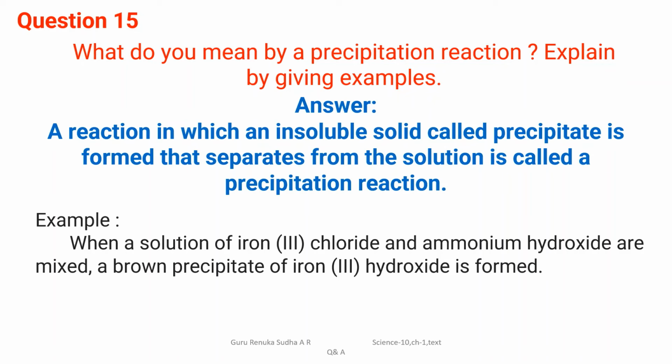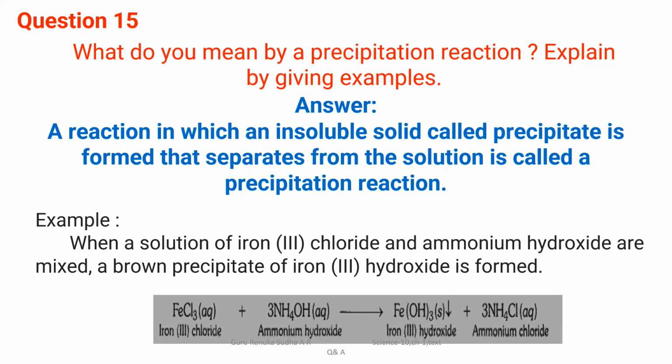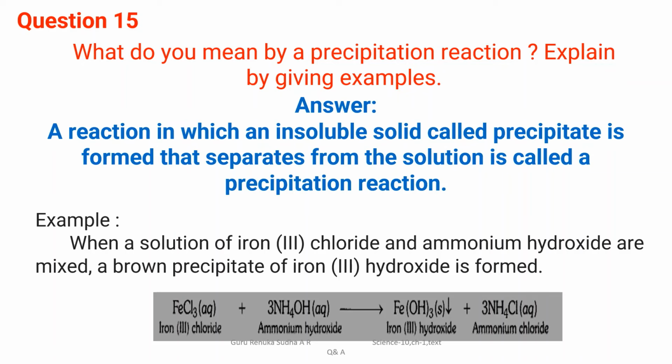When mixed, a brown precipitate of iron hydroxide will form. See, this is the equation. Iron chloride FeCl3, when it combines with NH4OH, that means ammonium hydroxide, you get iron hydroxide Fe(OH)3, and then ammonium chloride will form.